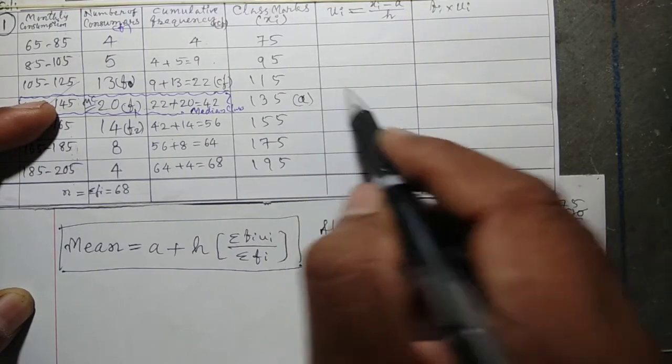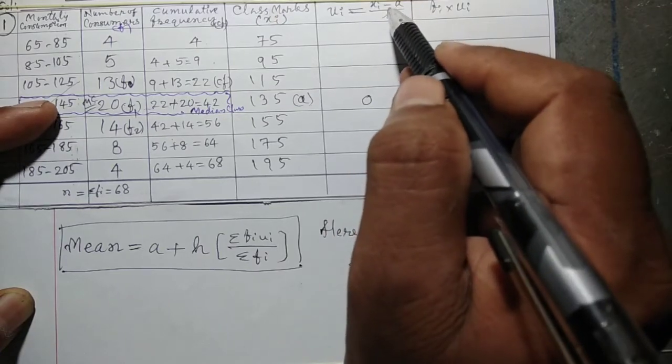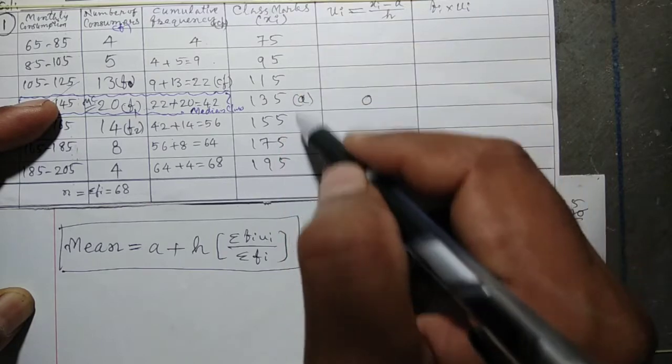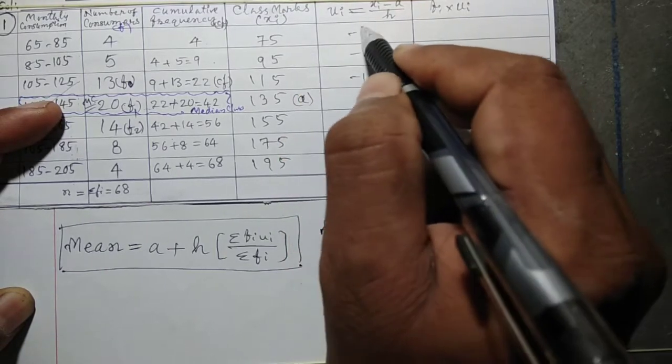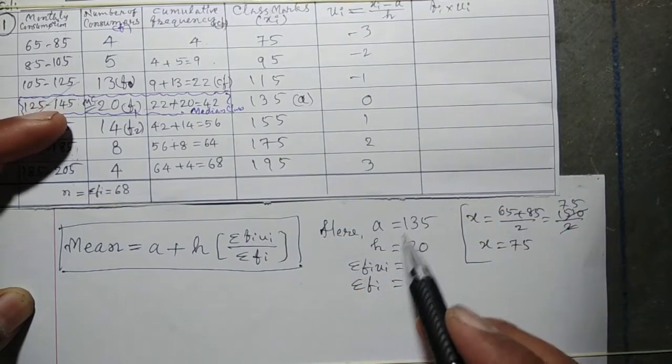So here we can keep 0. If we substitute the values also, we can get 0 here. Up smaller, down larger numbers. So that's why -3, -2, -1, 1, 2, 3. We can write like this.